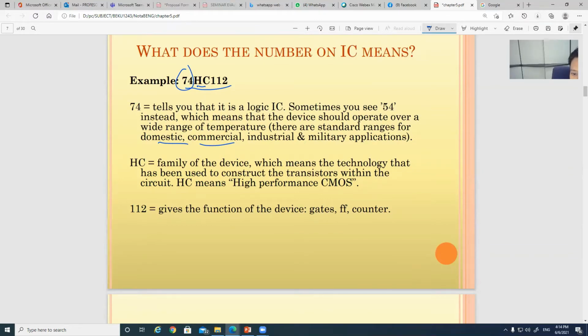And 112 gives the function of the device, for example gates, flip-flops, counters. Maybe 112 is a flip-flop, a counter or gates. So this part tells about the IC, this one is the performance, high performance, and this one is the function of the IC. We have another example.